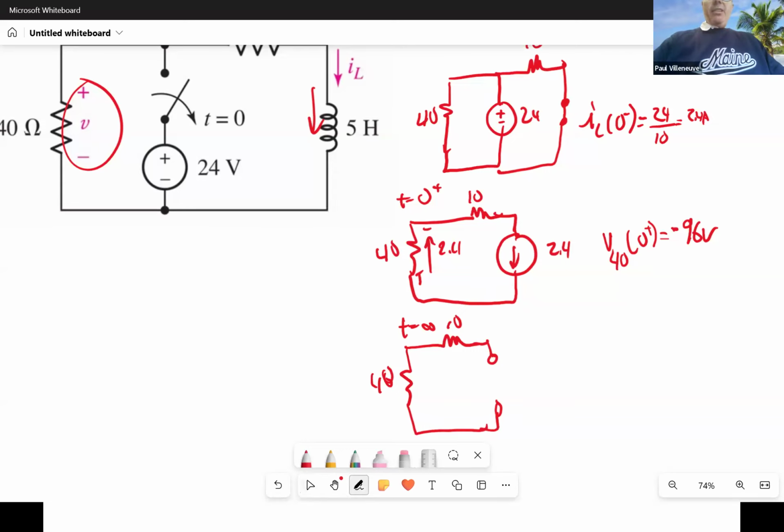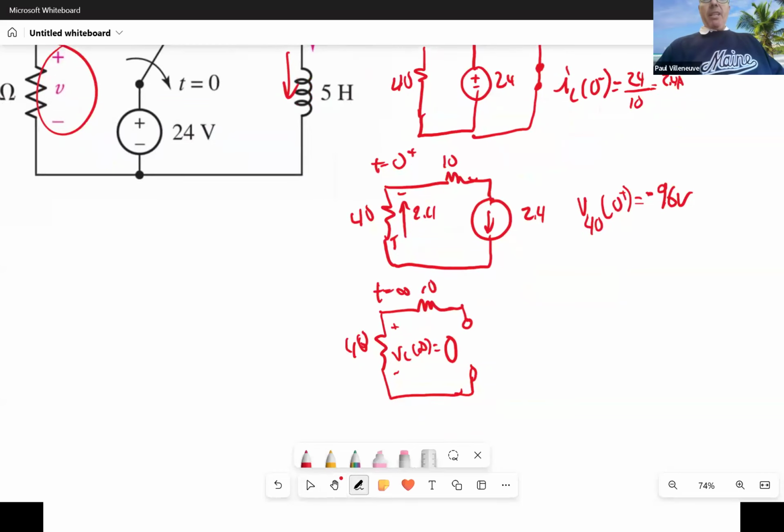So what is VL of infinity equal to? Better be 0 volts because there's no charge mechanism whatsoever. So I've got 0 minus current. I've got 0 plus voltage. I've got VL of infinity voltage.